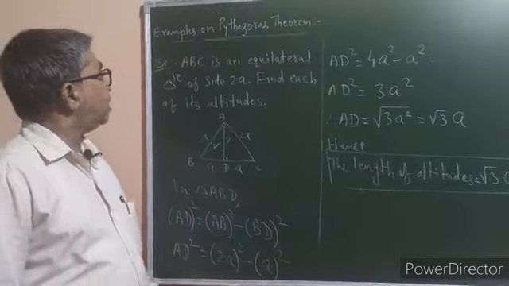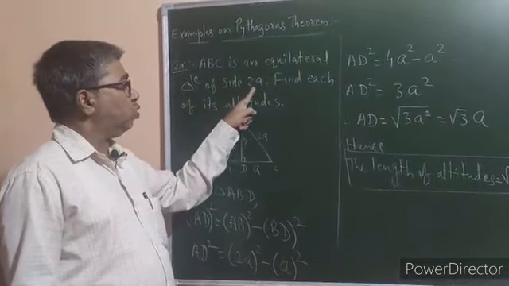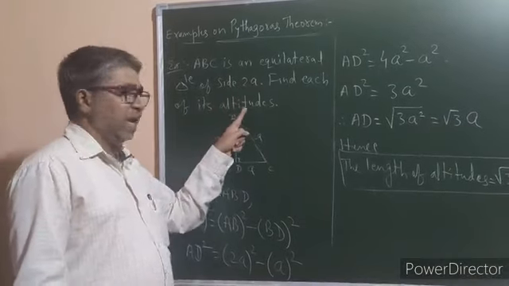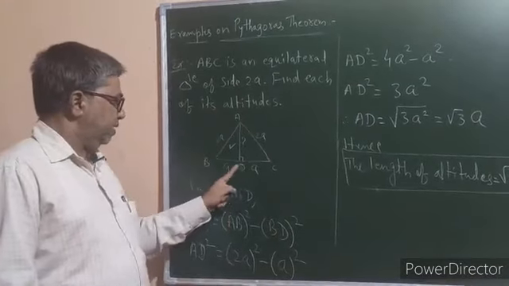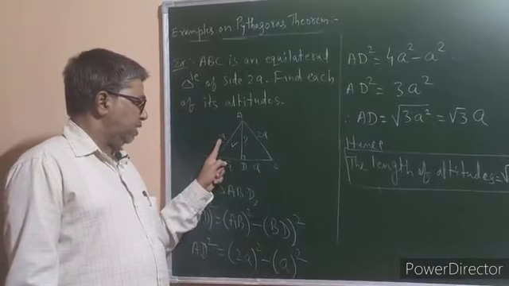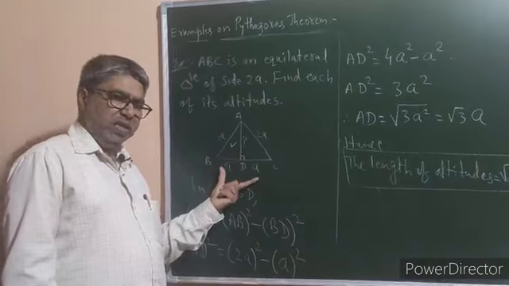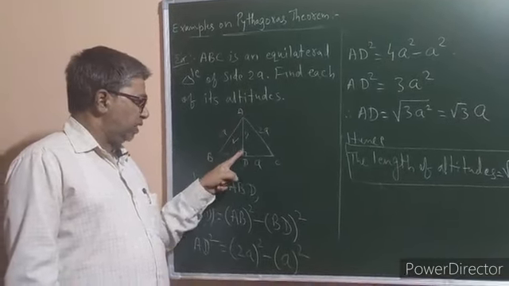The next example I have taken here is, ABC is an equilateral triangle of side 2a. Find each of its altitudes. ABC is an equilateral triangle whose sides are 2a, AB 2a, AC 2a, BC is also 2a. We are asked to find the length of the altitude.